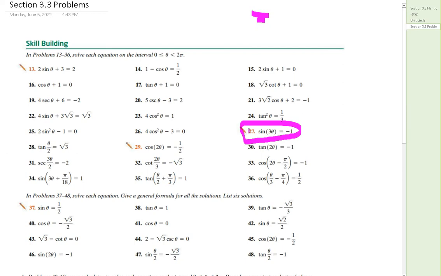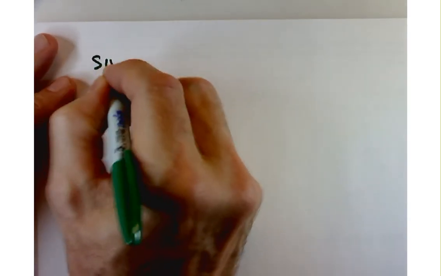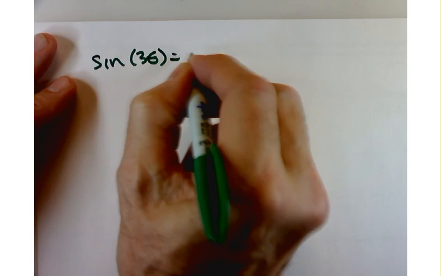Sine of 3 theta equals -1. Lot going on here. Let's take a look at it.